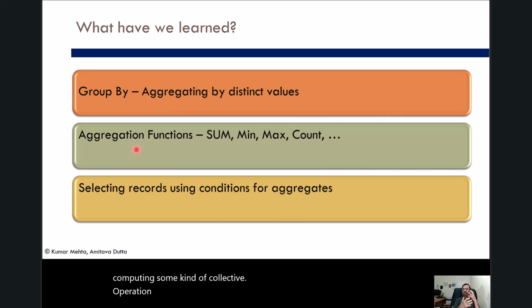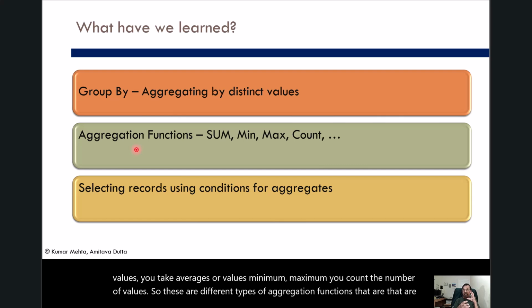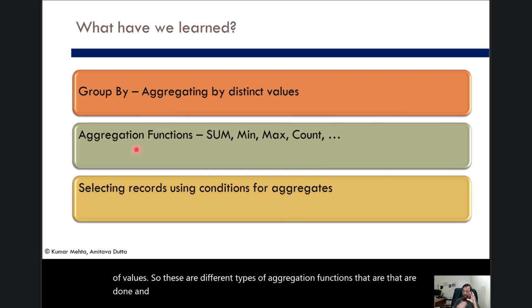Some of the common aggregations that you do are that you sum values, you take averages of values, minimum, maximum, you count the number of values. So these are different types of aggregation functions, and the clause in SQL that allows you to do aggregation is the group by.